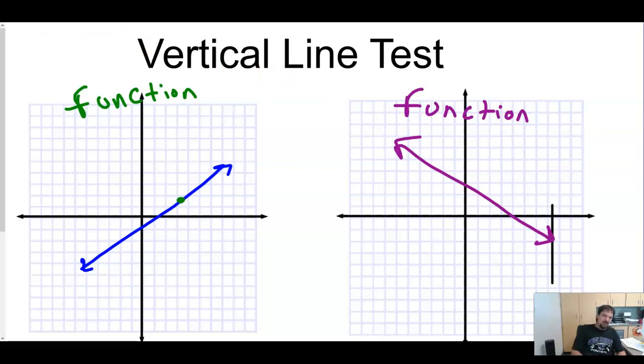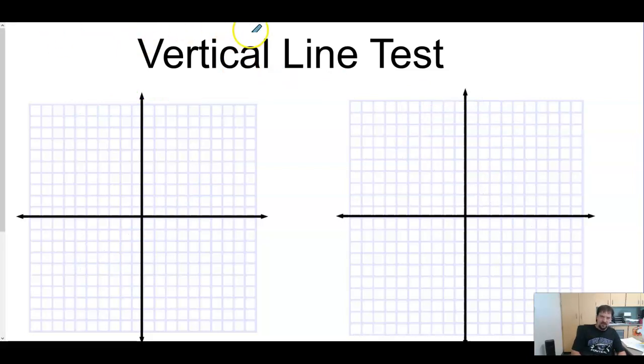So what would it look like if it didn't pass the vertical line test? What if I had a graph that looked like this, so kind of like a sideways parabola? Okay, once again, let's get my line. We're going to need a little longer than that this time.